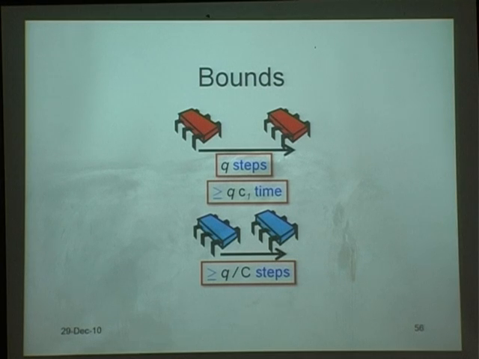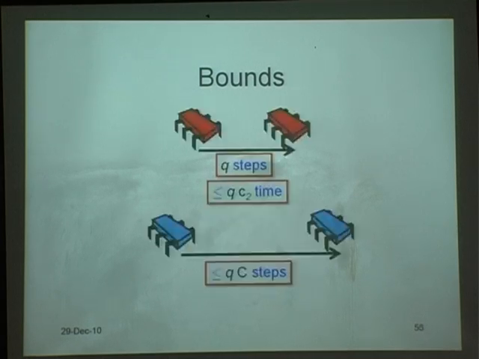Is that clear? The numbers are somehow confusing me, both in this slide and the previous one. So if I'm taking q steps, then c2 is the slowest step time, and this is the real time that must have elapsed. If I want to make sure that this much real time has happened, then I have to take that many steps.